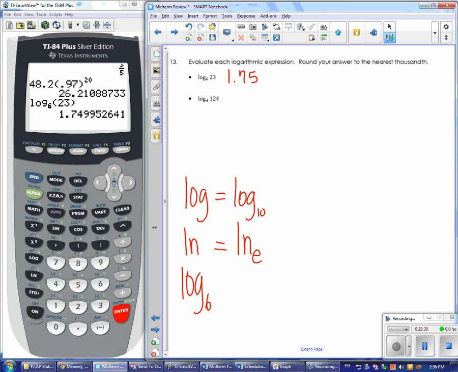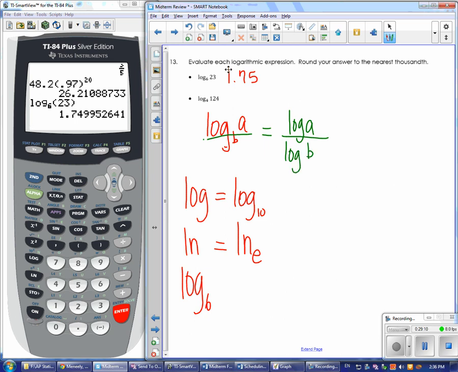If you don't have one of the newer calculators, it's no big deal. We have a formula that says if I have the log with base b and I'm trying to find the log of a, I can rewrite this as taking the common log of a and dividing it by the log of your base.